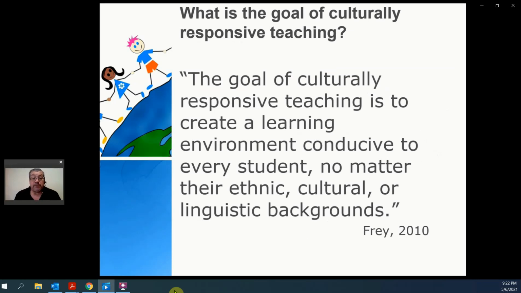What is the goal of culturally responsive teaching? The goal of CRT is to create a learning environment conducive to every student, no matter their ethnic, cultural, or linguistic backgrounds. That's according to Frey 2010, from Enhancing the Learning Opportunities Through Culturally Responsive Practices.